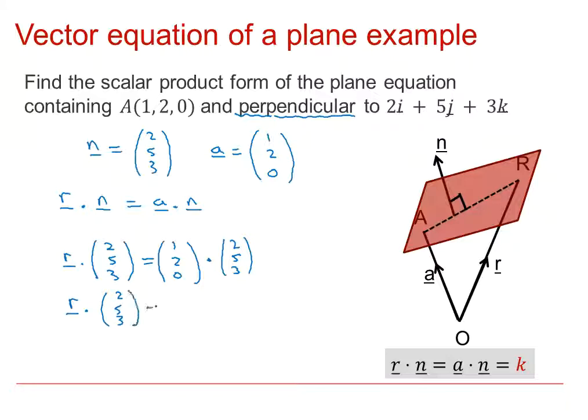Now I'm going to do the dot product on the other side. So that's 2 plus 10 plus 0. So I'm going to leave this in the required scalar product form of r dotted with 2, 5, 3 is 12. And 12 here is the constant k that they will refer to in the specification.